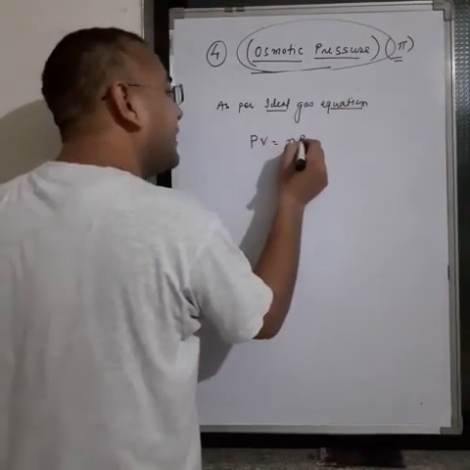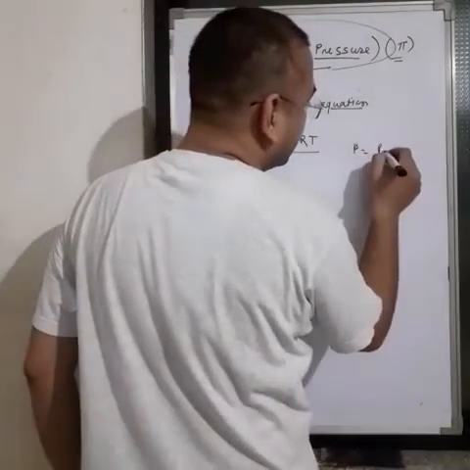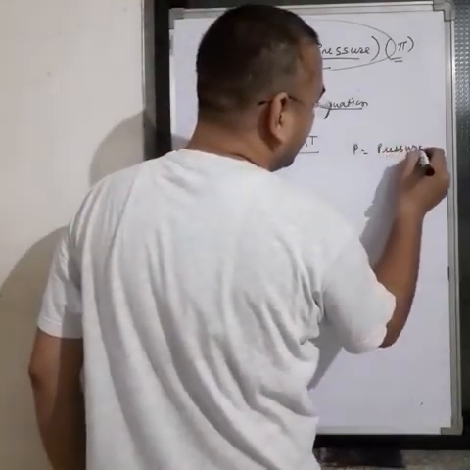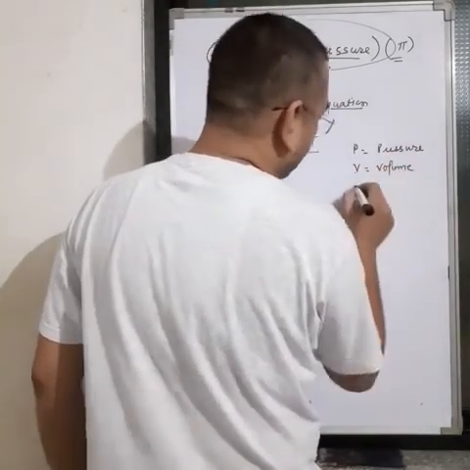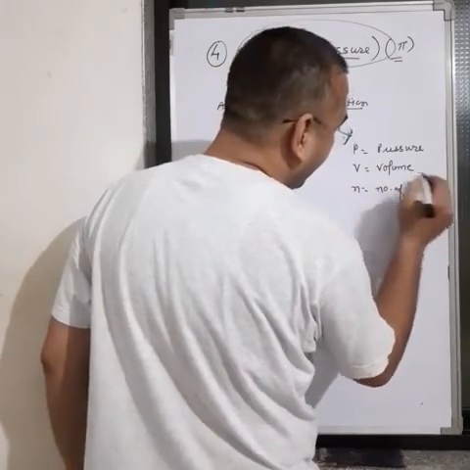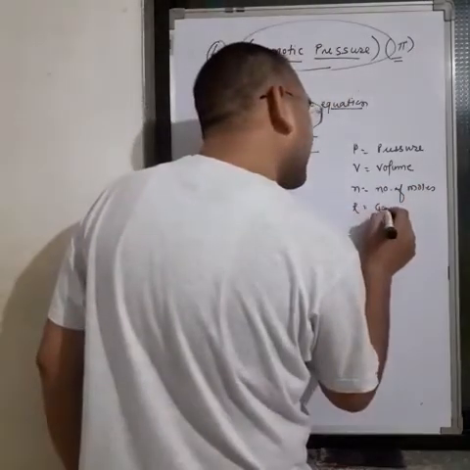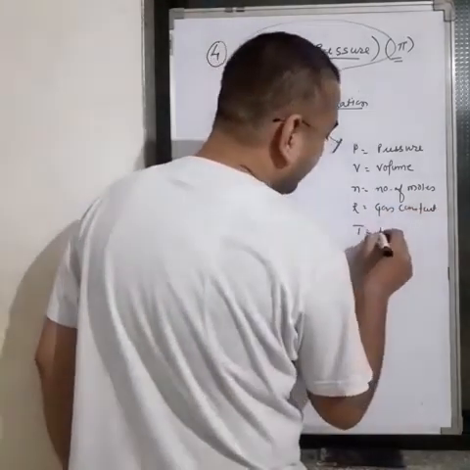Got it? So already we know that as per the ideal gas equation, PV is equal to nRT, where P is pressure, V is volume, n means number of moles, R means gas constant, T for temperature.